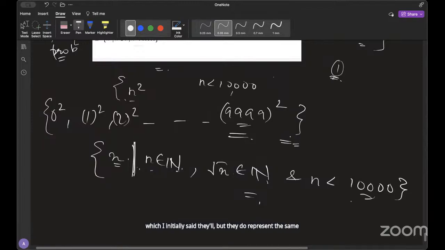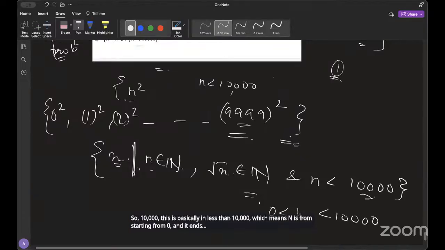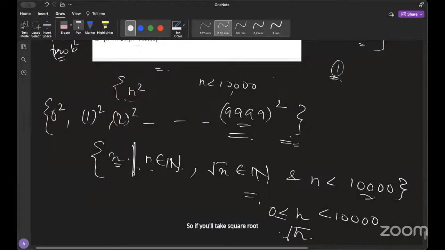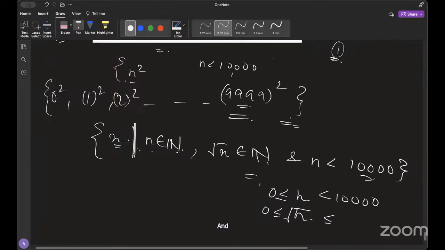Why so? So n is less than 10,000, which means n starts from 0 and ends below 10,000. Root 10,000 is equal to 100. So if you take the square root of n, you will get 0, and you will get 100 here, right?